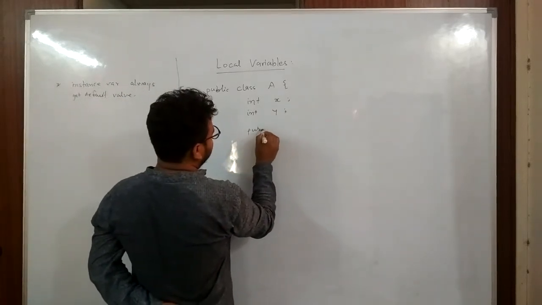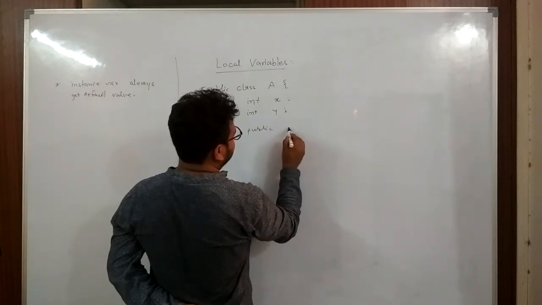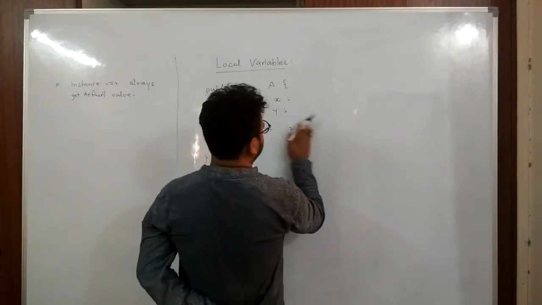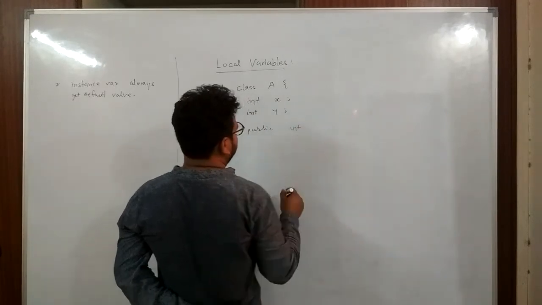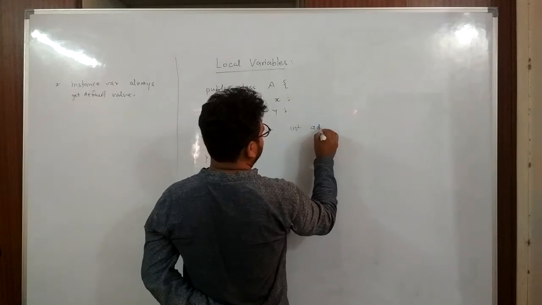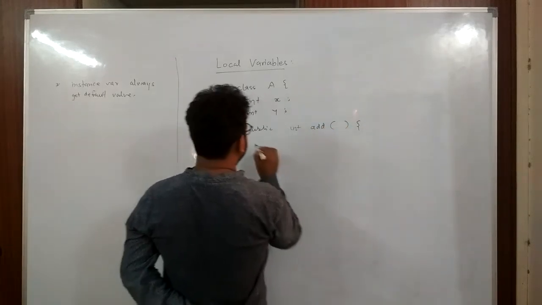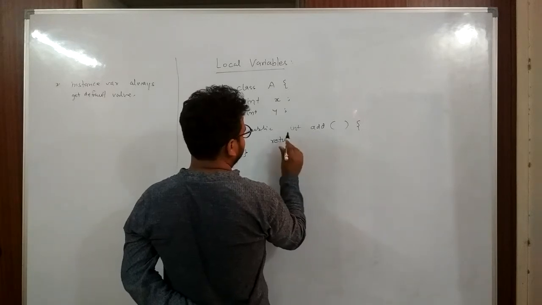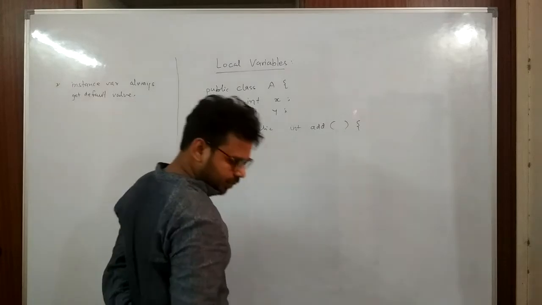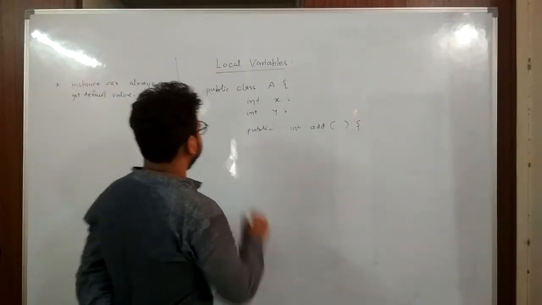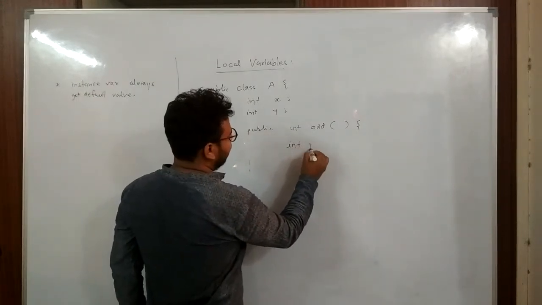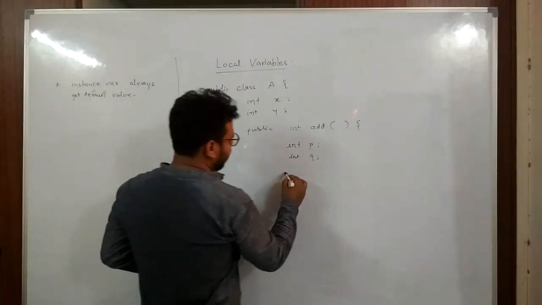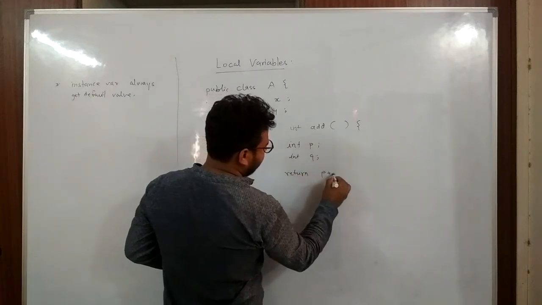And inside it we have a method, public int add, with a return type of int, and inside it we are going to have two variables, int p and int q, and we are simply returning p plus q.